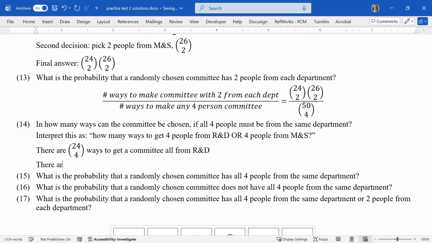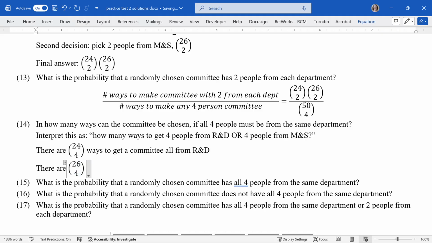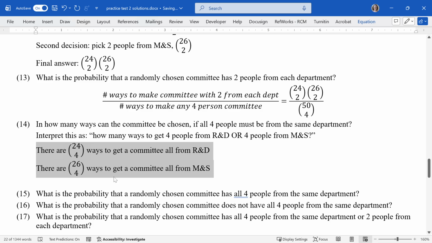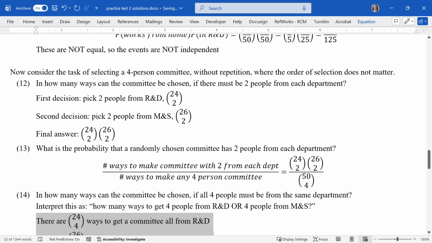And there are 26 choose 4 ways to get a committee, all from marketing and sales. But how do you combine these? So you're just going to add them together. And you don't need to worry about any overlap because it's not possible to do both things.